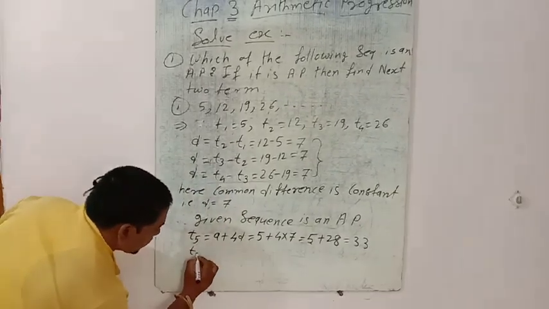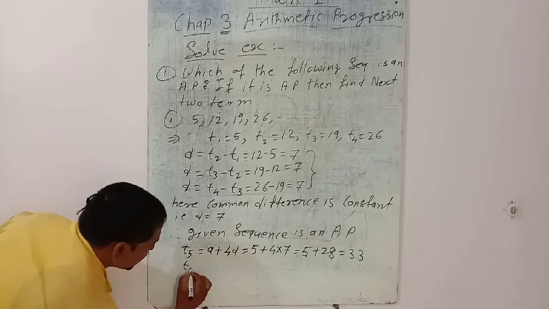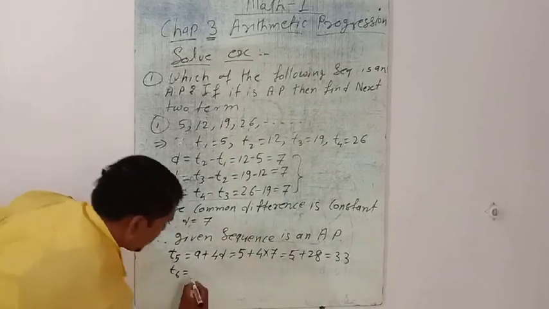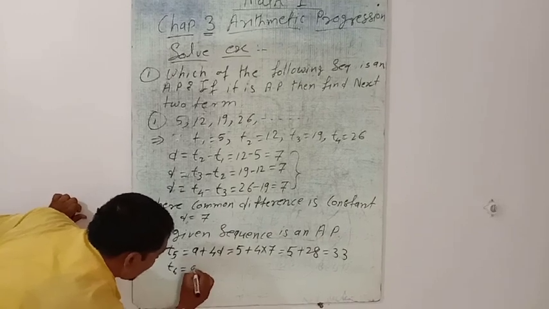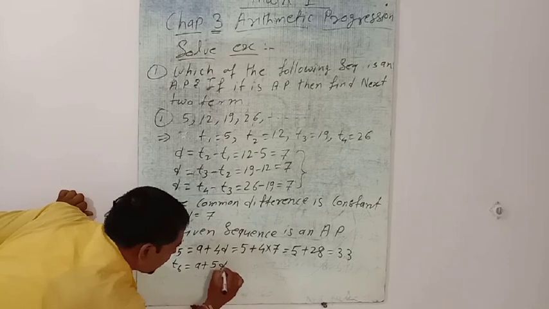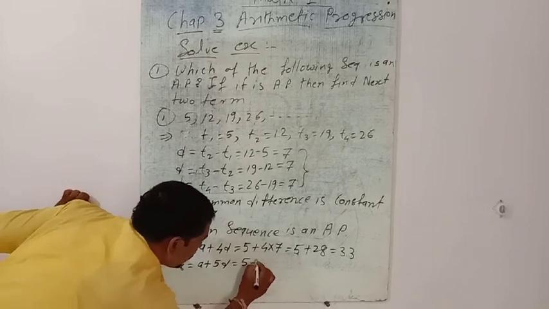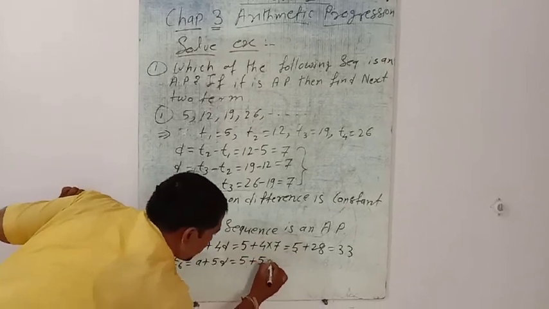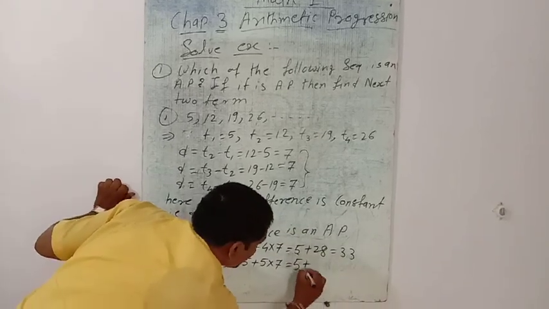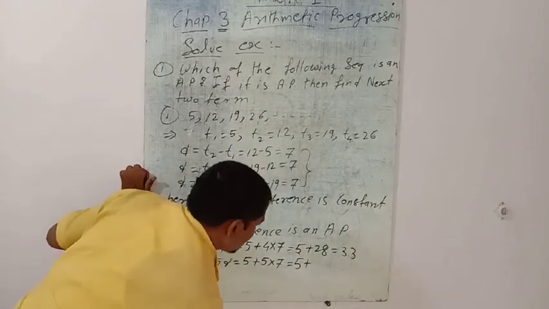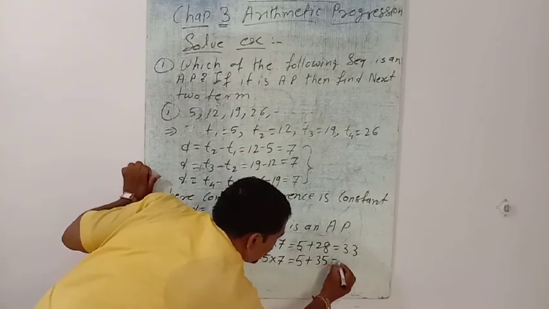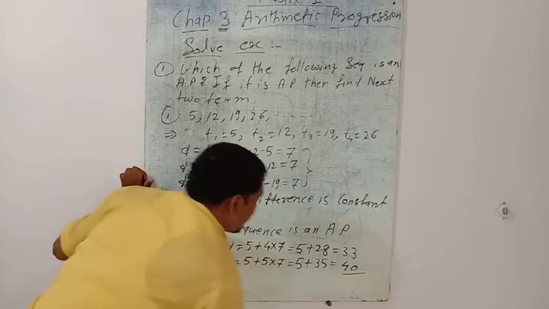Then the sixth term, T6, is equal to A plus 5D, which is 5 plus 5 into 7, equal to 5 plus 35, equal to 40.